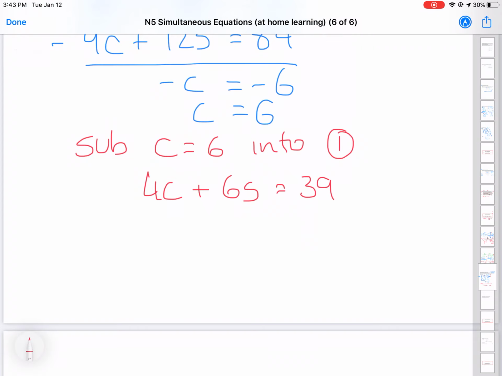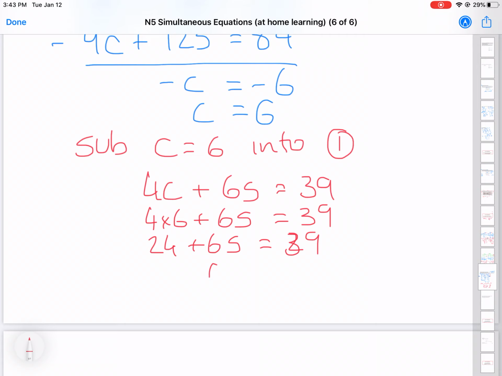So 4C is 4 times 6 plus 6S equals 39. 4 times 6 is 24 plus 6S equals 39. Take away 24, 6S equals 39, so it's 1 and 5, 15.